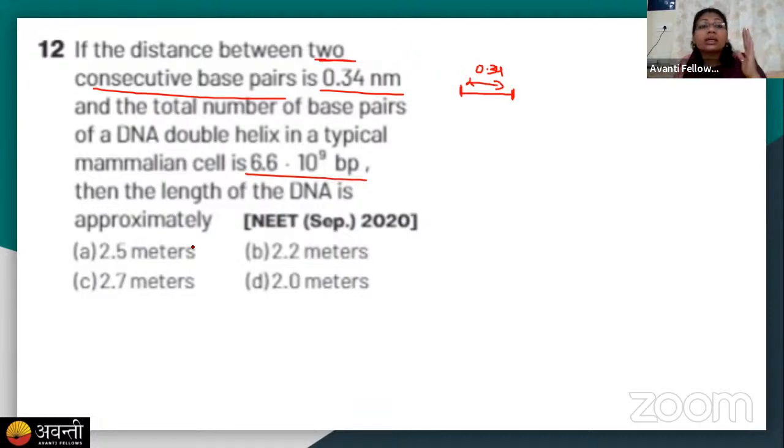The number of base pairs and the distance between two consecutive base pairs are given. The answer in the options is in meters.